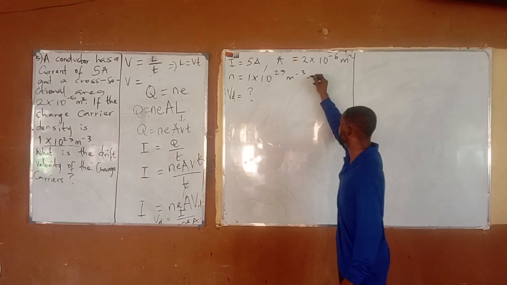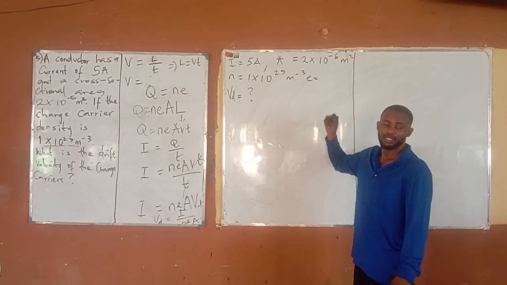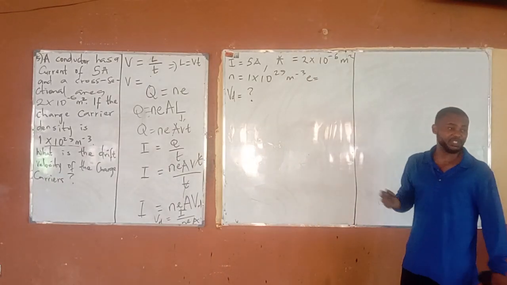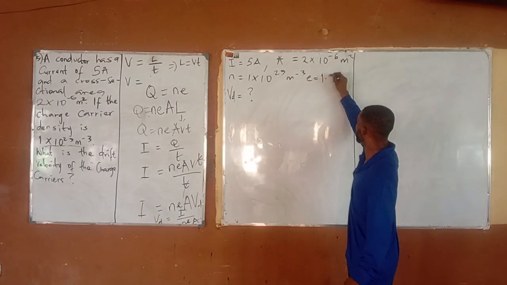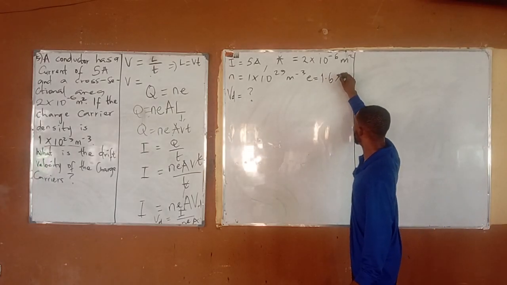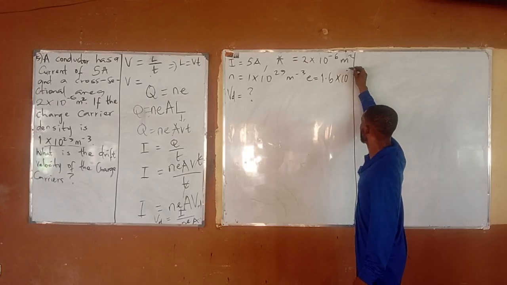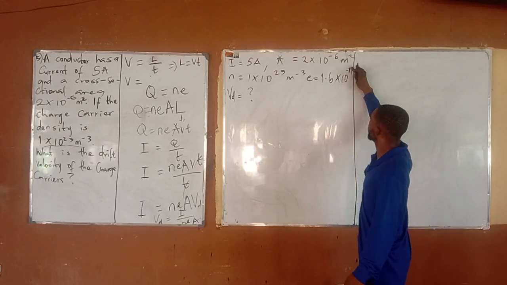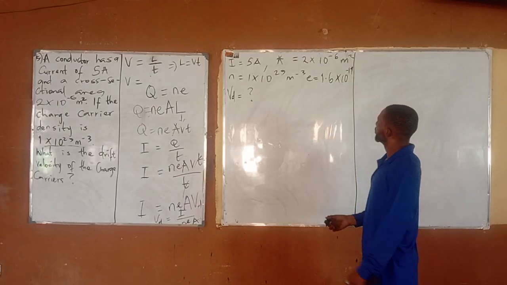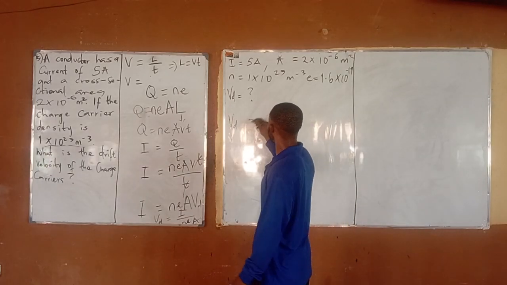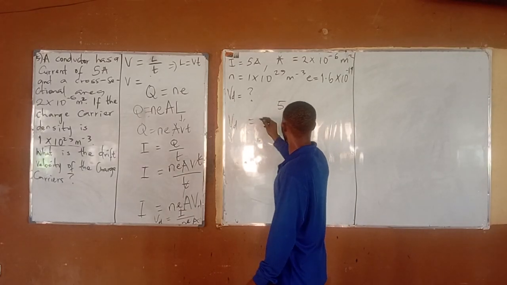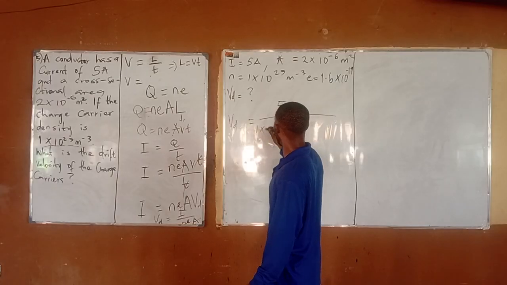Then remember that e is charge. The minimum charge anything can have is the charge of an electron or proton, which is the same. That is 1.602, or you say 1.6 times 10 raised to the power minus 19. So using our formula for drift velocity, I will now have 5 over 1 times 10 raised to the power 29.